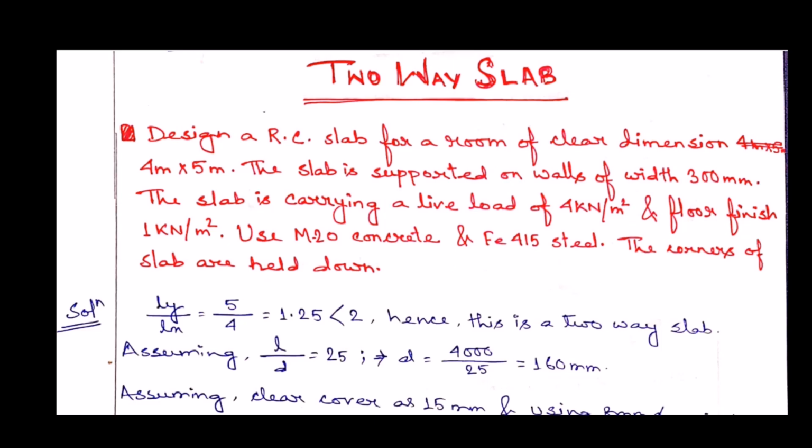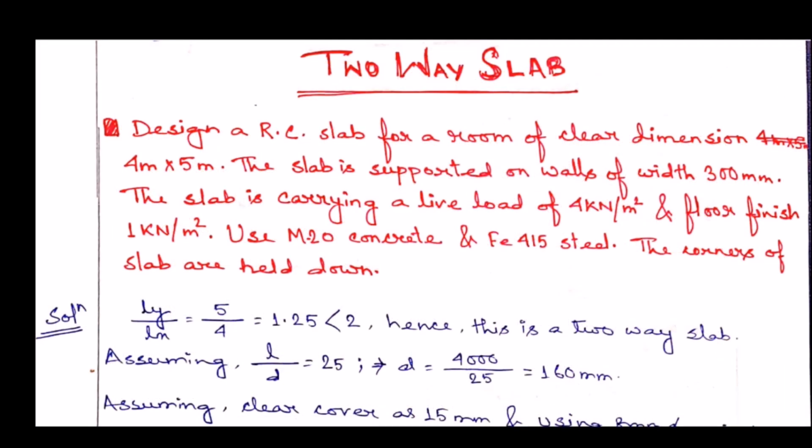Before starting the problem, I am going to discuss the basic part of the two-way slab. We know that in a two-way slab, bending comes in both directions. So we have to design reinforcement for the longer span and shorter span both. There is no such thing as a distribution bar.